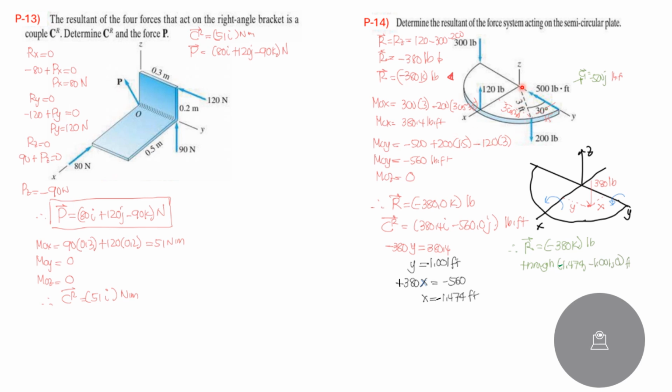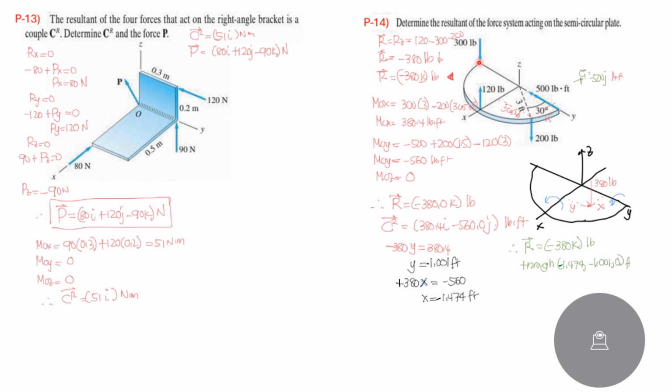MOY, the y-axis. We have already negative 500, this couple here. Then the moment of this is the positive sense. So this is positive 200 times 3 sine 30, which is 1.5. So plus 200 times 1.5. Then the moment of 120 about the y-axis is negative, and that is negative 120 times 3.